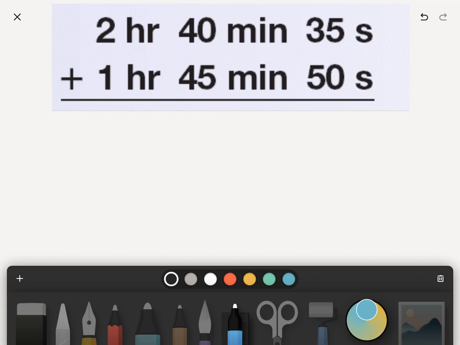I'll give you a minute to write down the problem and start trying. So, once again, if I go over the total number of units I can have, this would really be 1 minute and change, then I need to bring that minute over to the next column.